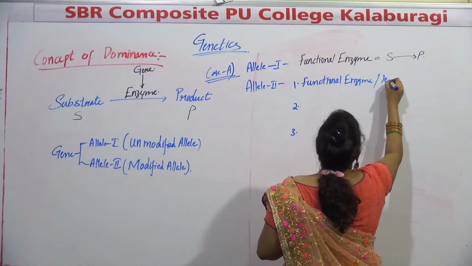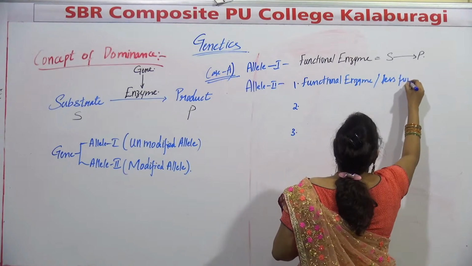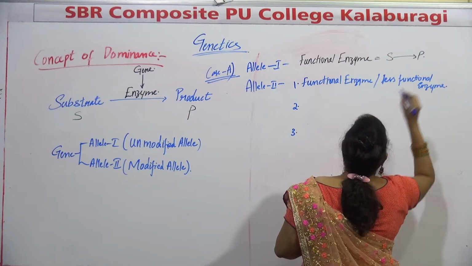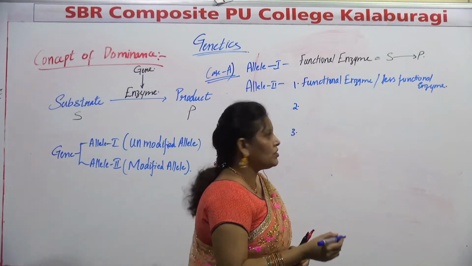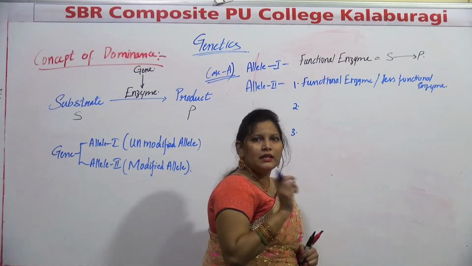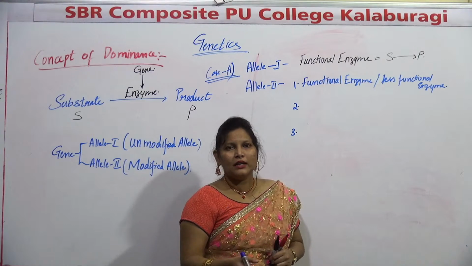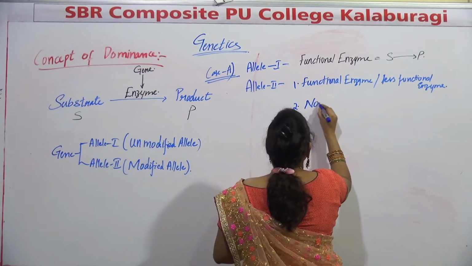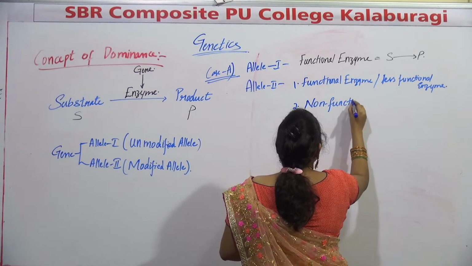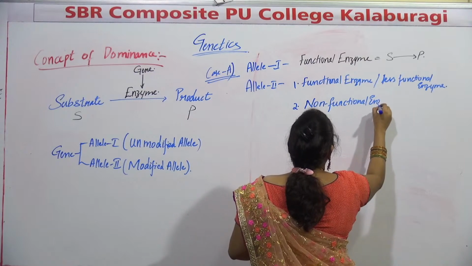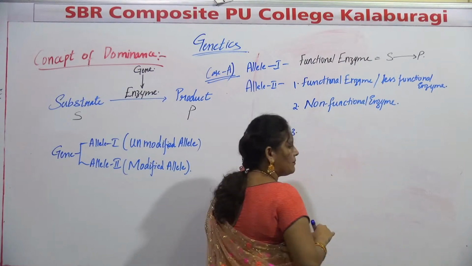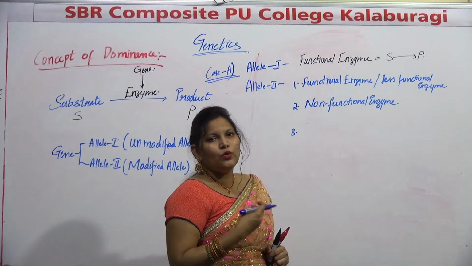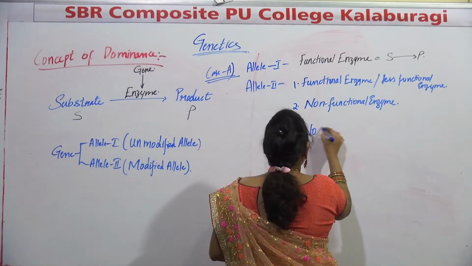In the second case, the modified allele may produce a non-functional enzyme. And in the third case, the same modified allele may produce no enzyme at all.